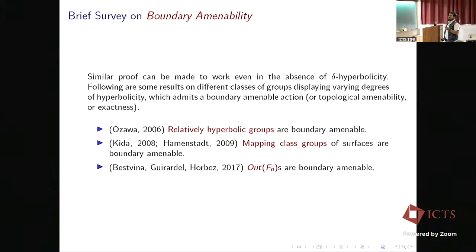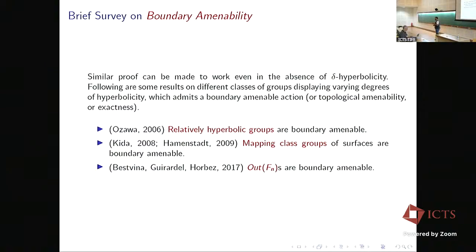So relatively hyperbolic groups are generalizations of hyperbolic groups, which also admit a topological amenable action. Like hyperbolic groups, relatively hyperbolic groups also admit a boundary at infinity, which is called the Bowditch boundary. In general, relatively hyperbolic groups do not admit a topological amenable action on the Bowditch boundary like the hyperbolic groups, because in the case of hyperbolic groups, we know how the subgroups are going to be.